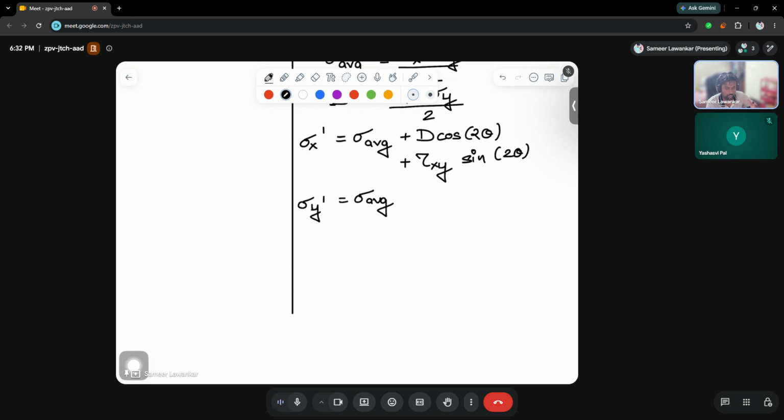We will get to know when we go past the lecture. But for now, let us assume that we need to know the stresses at some particular angle theta. Then sigma y dash is basically sigma average minus D cos 2 theta minus tau xy sin 2 theta.